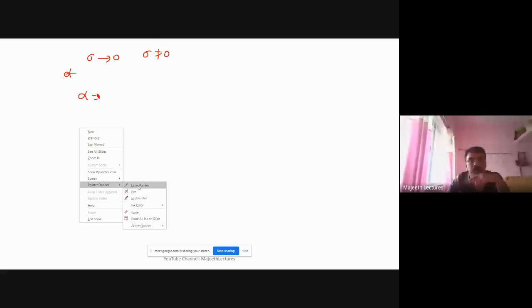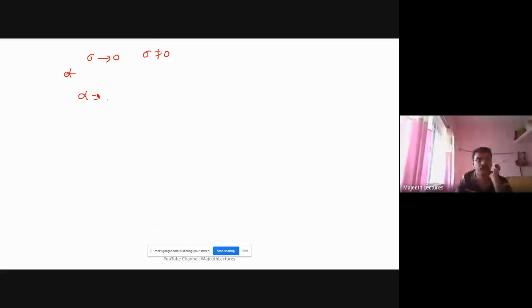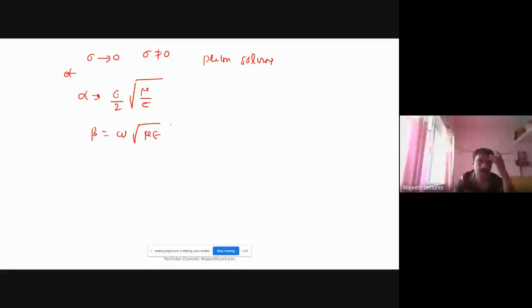Here it is: alpha is equal to sigma by 2 root of mu by epsilon. For problem solving, you use this. Beta is equal to omega root mu epsilon into root of 1 plus (sigma by omega epsilon) whole square, that is, with the 1 by 2 factors as written.